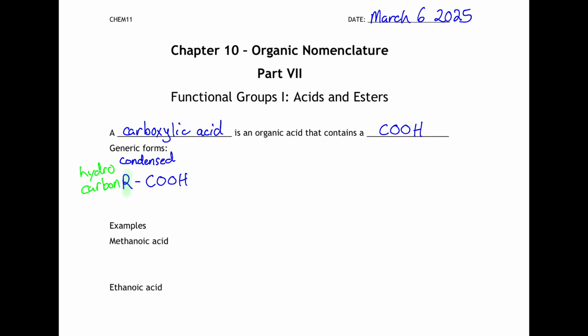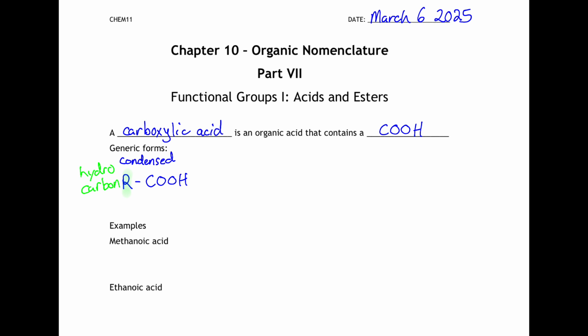Any of our compounds that we've done so far can be shorthanded with R. And if we put this thing on the end of any R chain, so if it's a heptane or a butane or a cyclohexane, if we stick this on top of any of the carbon-hydrogen mixes, we get this carboxylic acid.